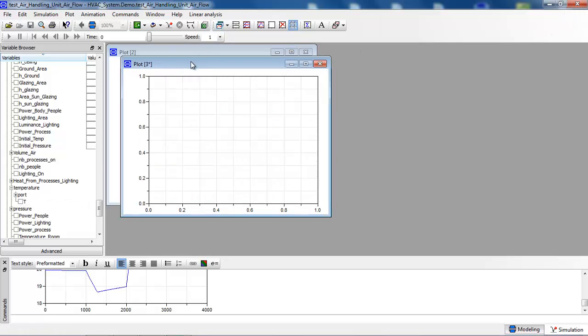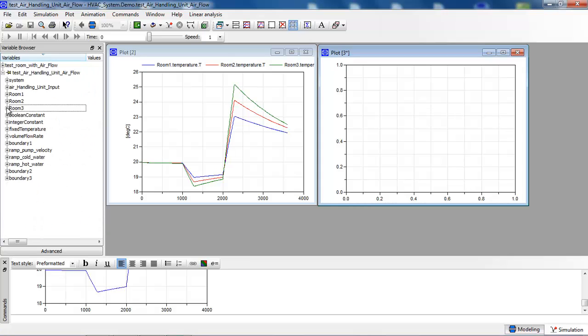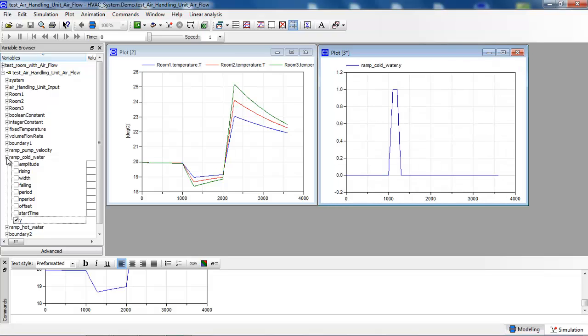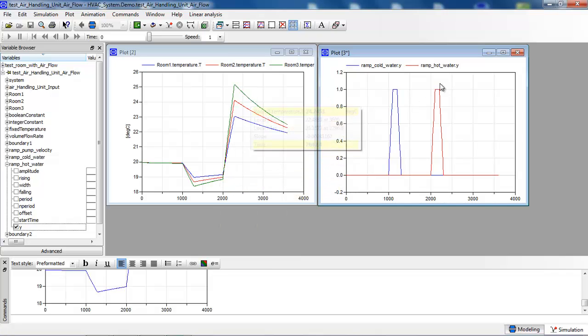I can see that the different temperatures are due to the control of cold water flow here and hot water flow here. So here you have a decrease in temperature due to this cold water ramp, and here you have an increase in temperature due to this hot water ramp.